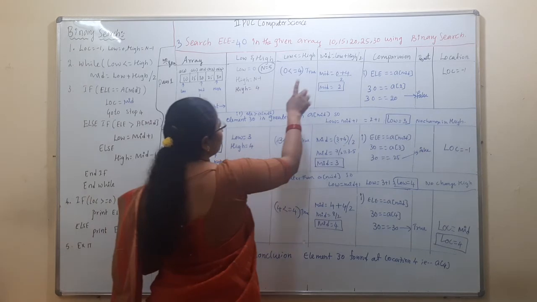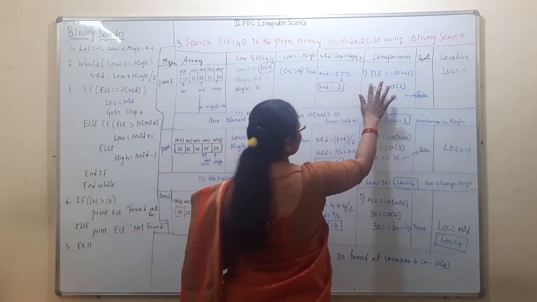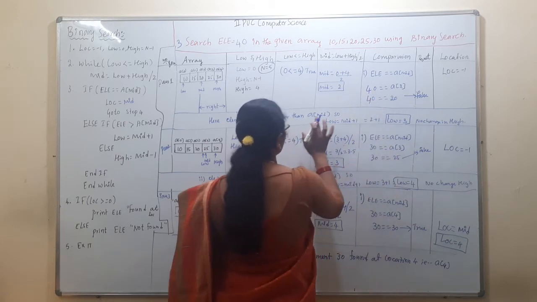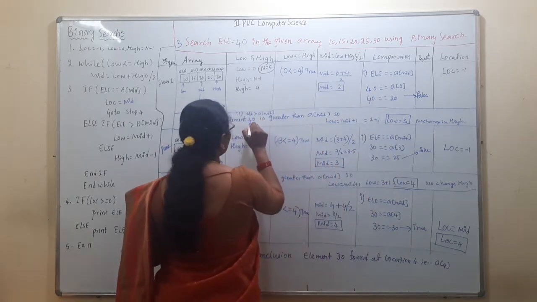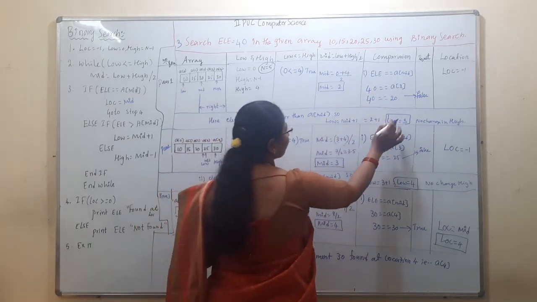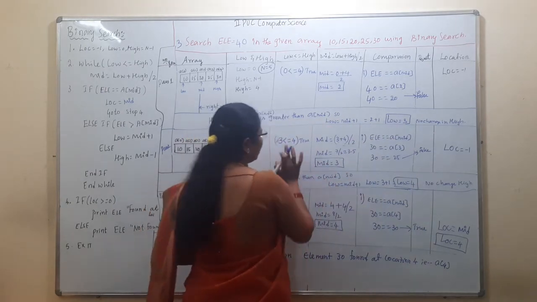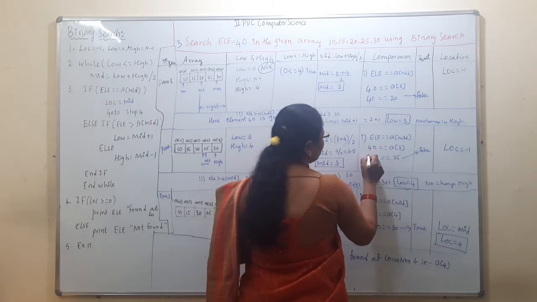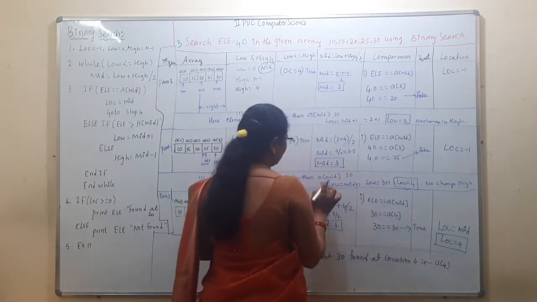See, there is no change in this, just it is going to change here. Searching element 40 is greater than the A of mid position, change. There is no change, only here it is going to change. 40 condition is false.